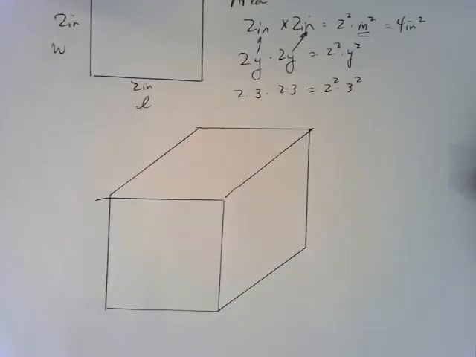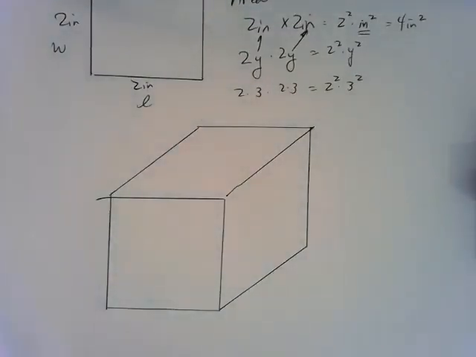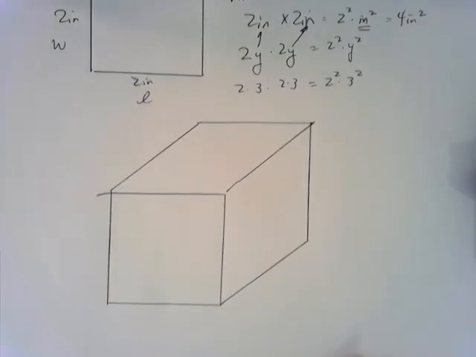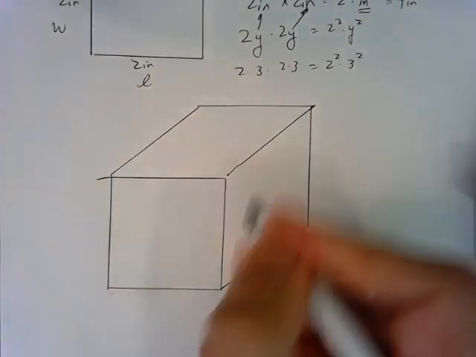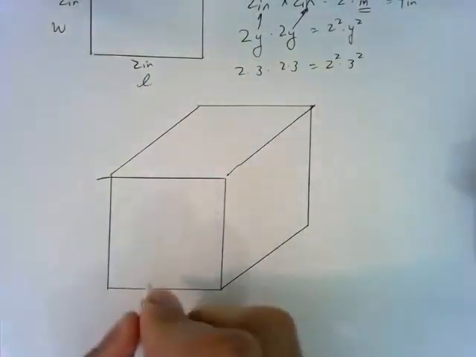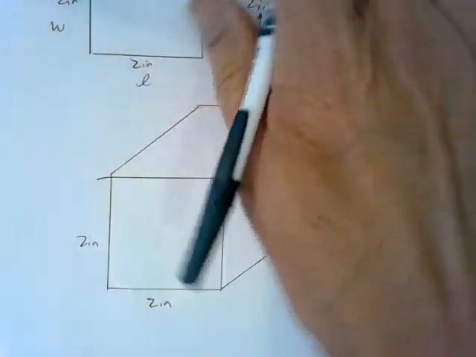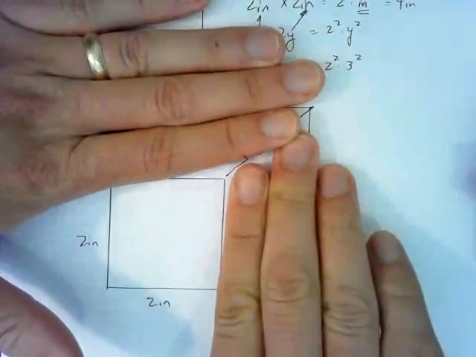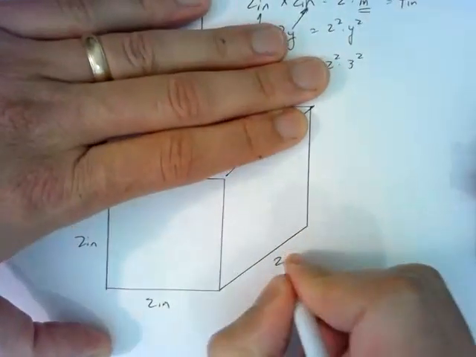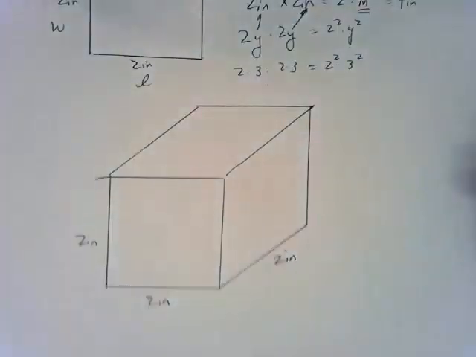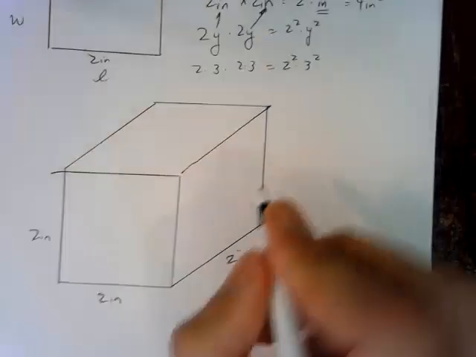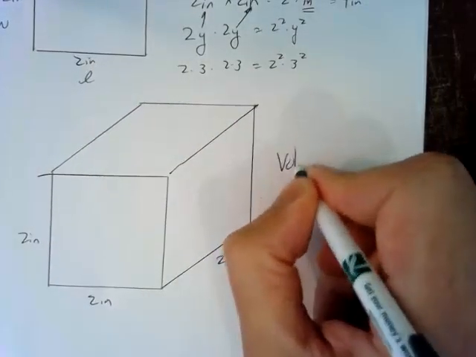Again, I would encourage you to draw that using actually 2 inches if you've got your ruler. Mine's a little wonky, but for the sake of argument, let's say that's 2 inches and that's 2 inches. So that's our square from before, but now it has some depth to it, and we make that 2 inches as well. We could ask what is the volume of this?